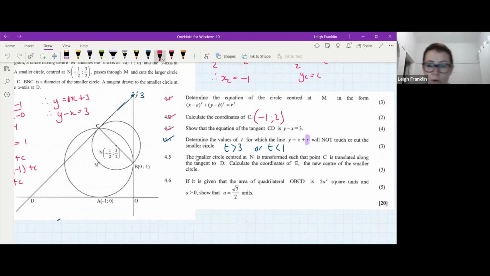C is translated along the tangent to D, so where C is now, C ends up at D. Does that make sense to everybody? Yes, ma'am. Okay, so we're just literally going to slide down the line like this, moving from point C down to point B.